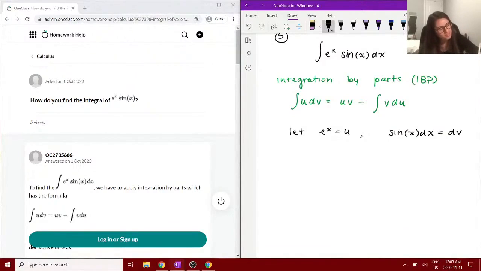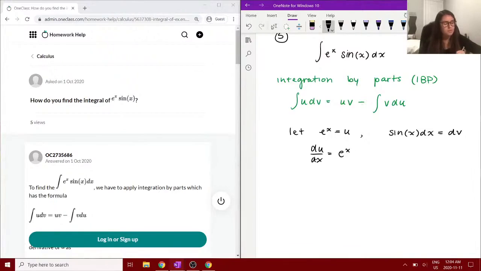But if we take the derivative of this first term here, the u term, let's do du by dx. Well, what's the derivative of e to the power of x? Well, e to the power of x is always just the same, since there's nothing else in the exponential, it's just x.